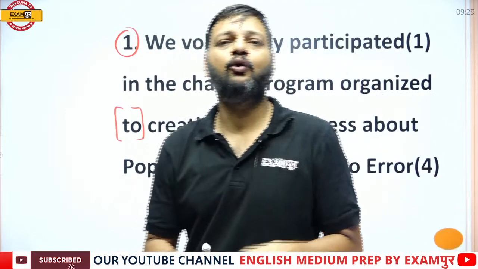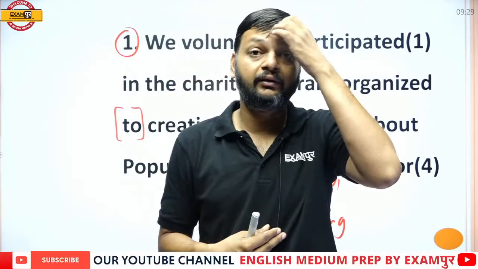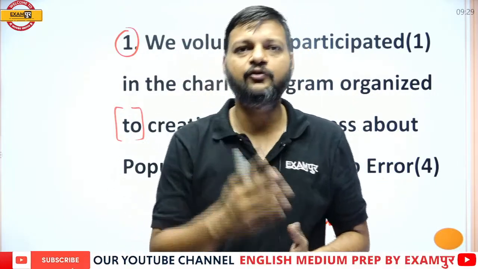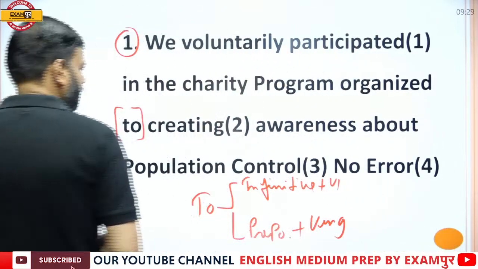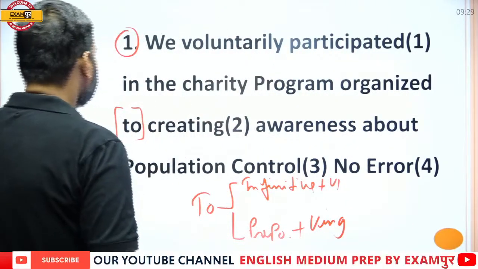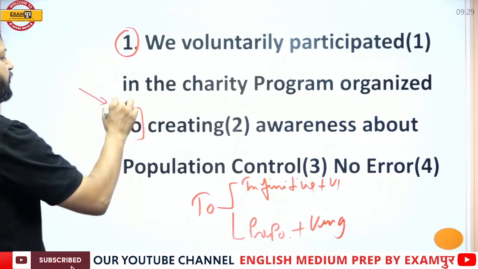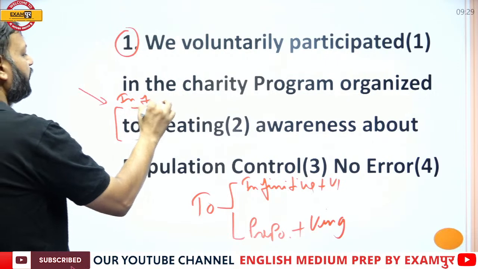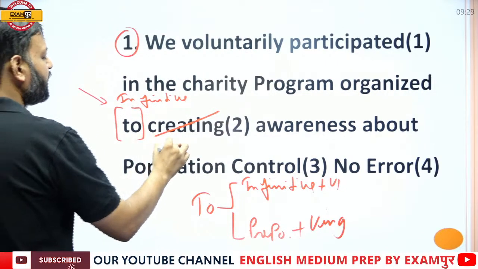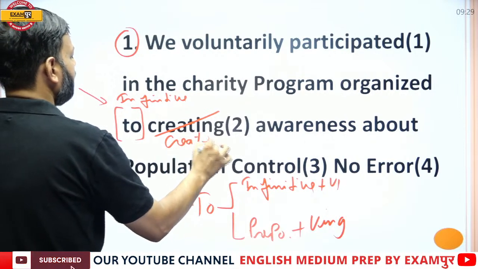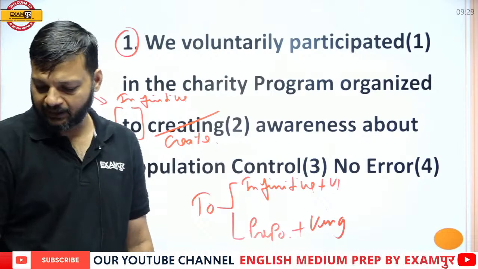So this is all about practice, and I will tell you where to is a preposition. So you don't need to worry, I'll tell you everything. In this sentence, to is infinitive, so here we cannot use creating. Here create will be the correct answer.